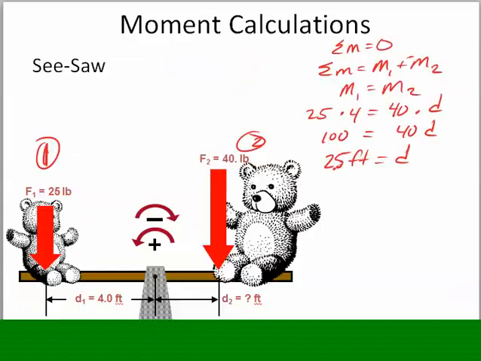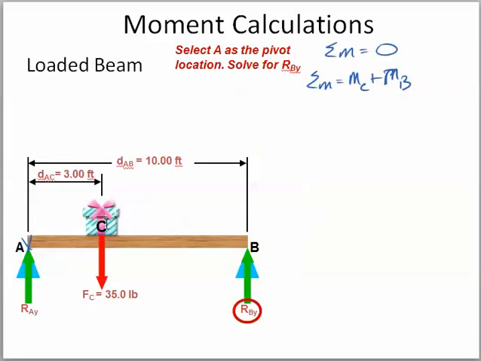Going back to our last slide, clockwise is negative and counterclockwise is positive. C makes it want to go clockwise, so that's the negative one. Now that I have one negative and one positive, I can put them on opposite sides: the moment at C is equal to the moment at B.